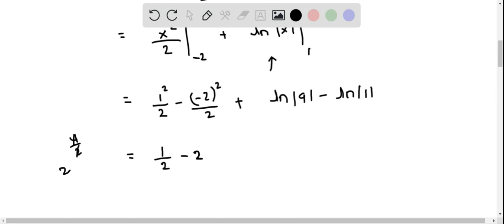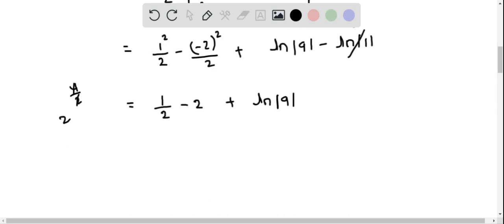So it becomes 1/2 minus 2, and we know the value of the natural logarithm of 1 equals 0, so that term is basically 0. So we will have only the natural logarithm of the absolute value of 9. Now let's simplify this fraction, that is 1/2 minus 2, which is -3/2, plus the natural logarithm of 9.